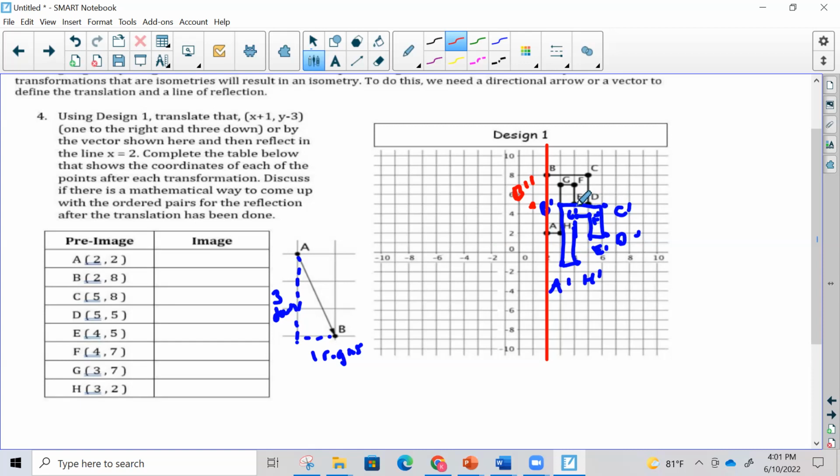Okay, so C is 1, 2, 3, 4. So I count 1, 2, 3, 4, and that would be where C is going to land. A is 1 away. H is 1, 2. D is 1, 2, 3, 4. So then I count 1, 2, 3, 4.